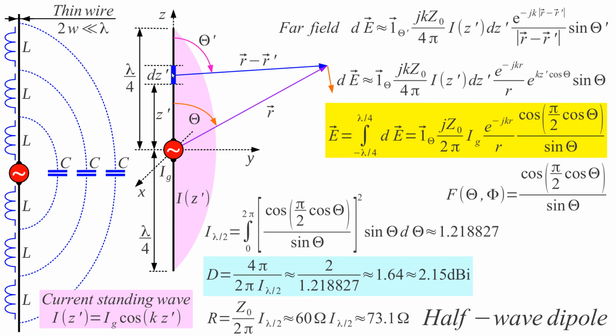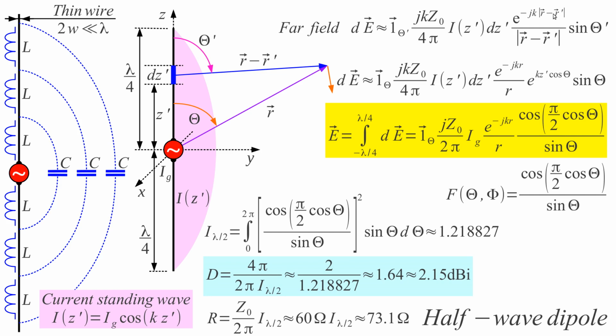When I move this section along the wire, the angle theta prime changes, so sine theta prime changes. The distance r minus r prime changes, both in the denominator and in the phase in the numerator.